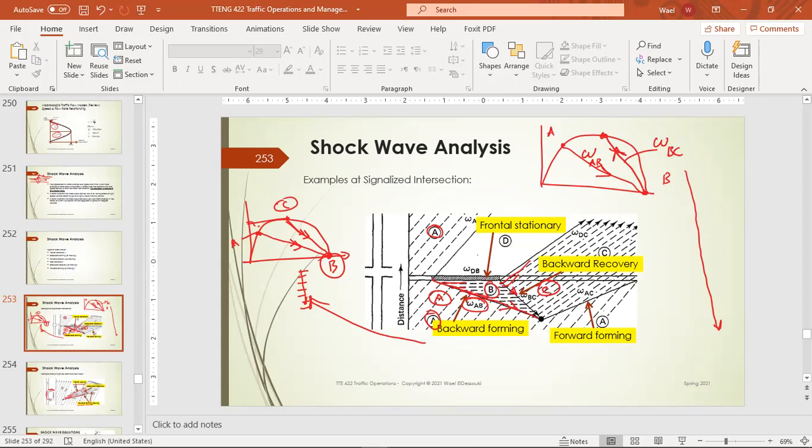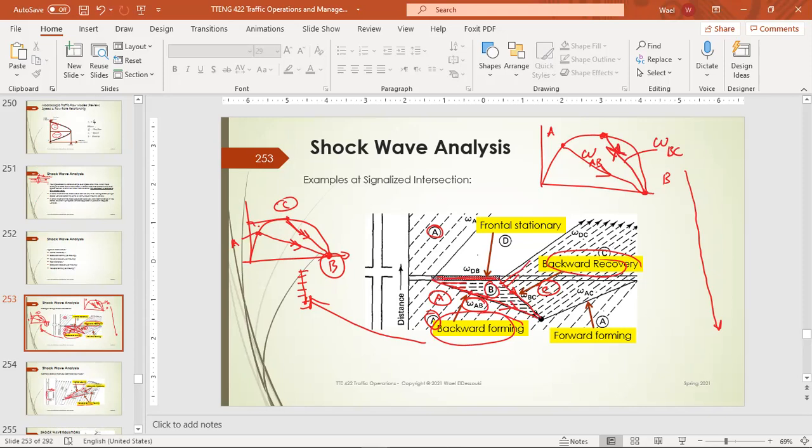There is a wave of movement starting from the traffic signal and moving upstream in the queue. So that's another shock wave, which we call backward recovery. The first wave was backward forming, which is basically building up a queue. The one right at the stop line of the signal is frontal stationary.